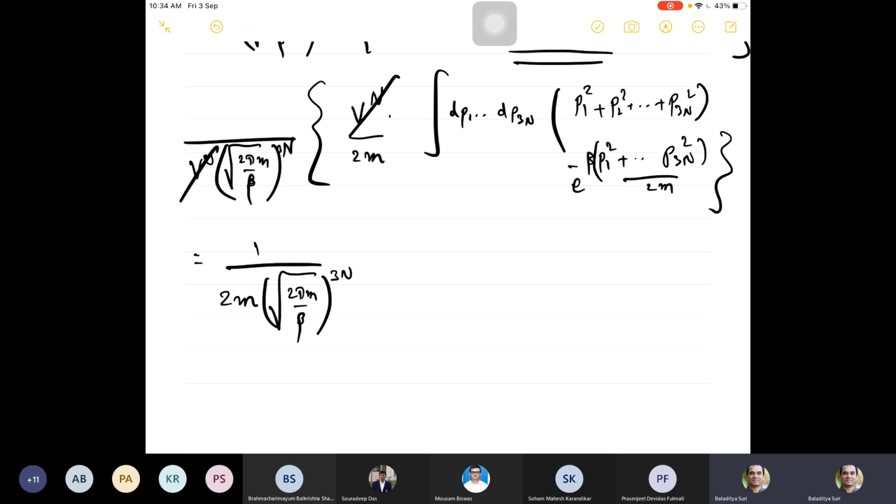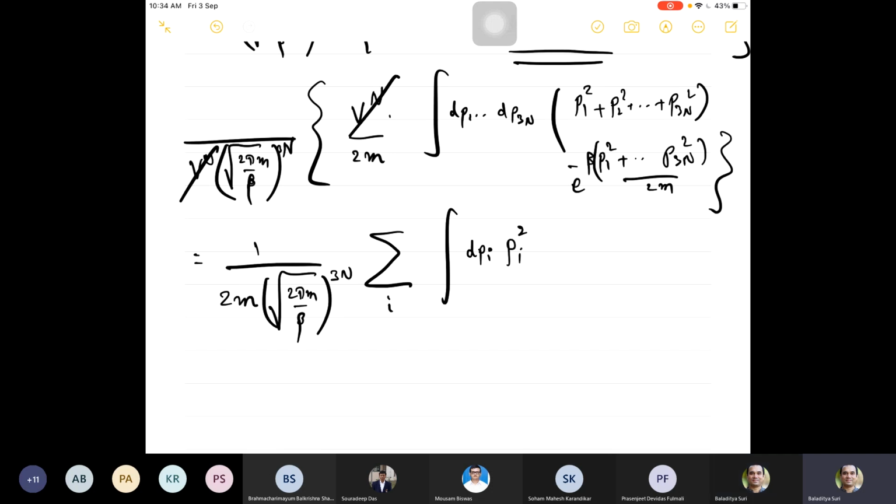We now have a summation over i of the integral dpi of pi squared. We should be a little more careful in writing this.